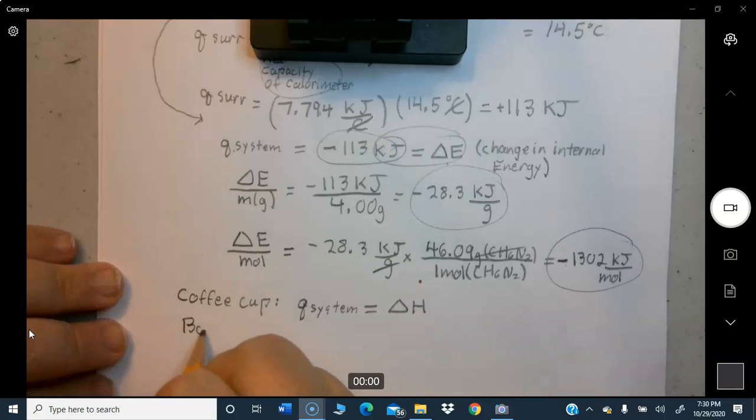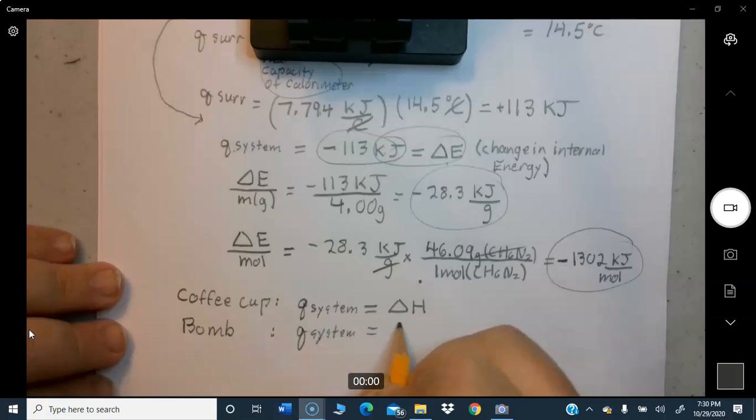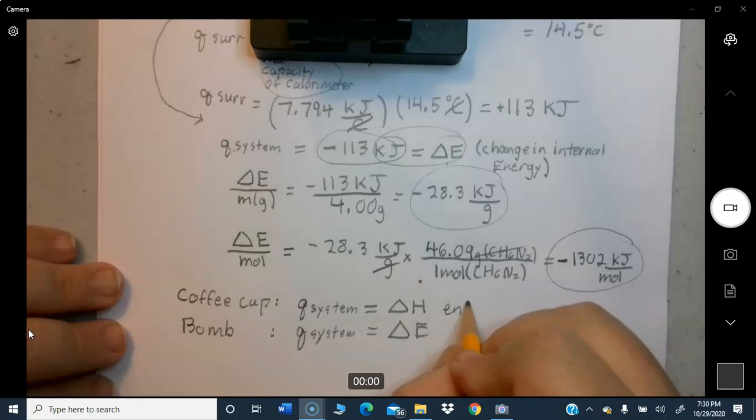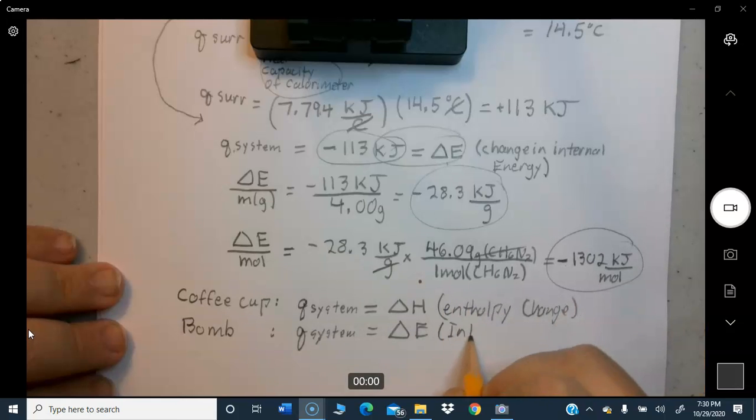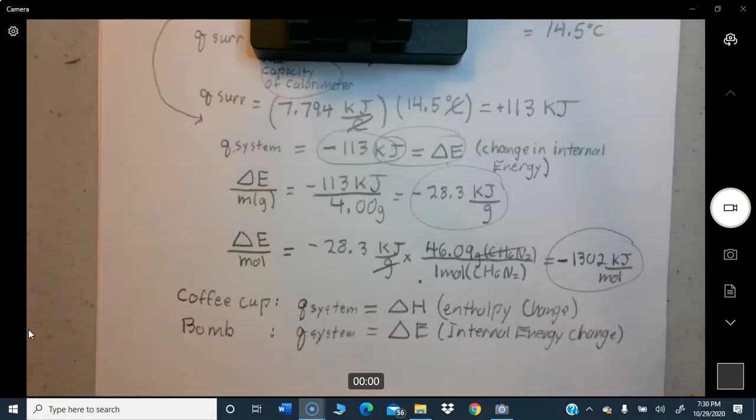For bomb calorimetry, the Q of the system equals the change in internal energy. Again, it's not important to understand the details of why those are different. If you take a thermodynamics class in college, you would learn that, but here you don't need to know it at this level. You just need to know when you write the answer, be sure you use this for bomb and this for coffee cup.